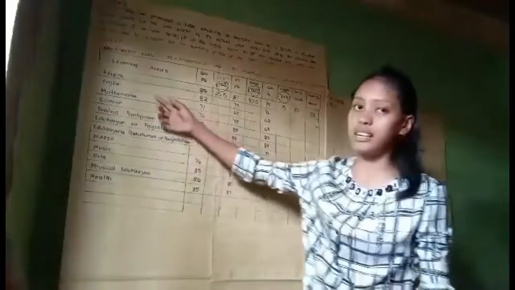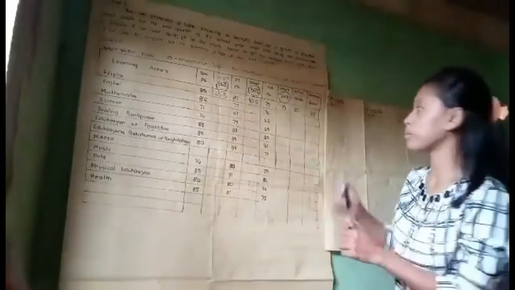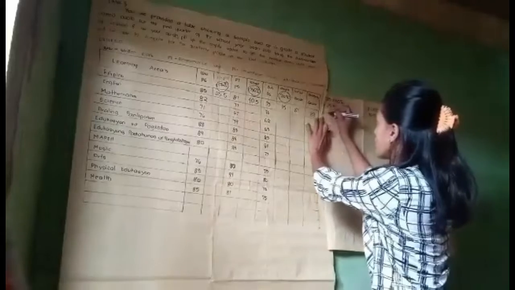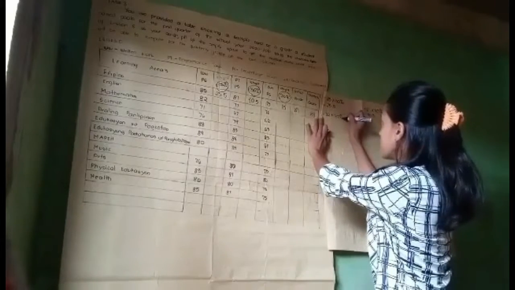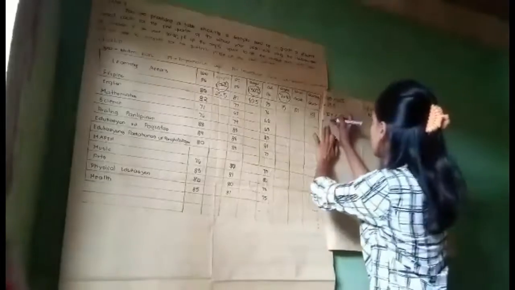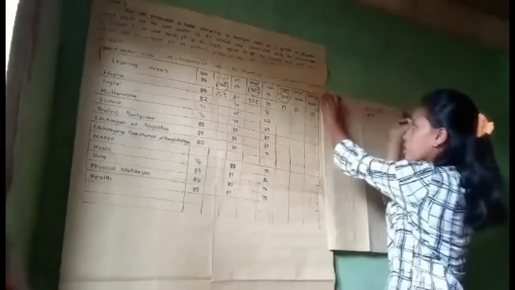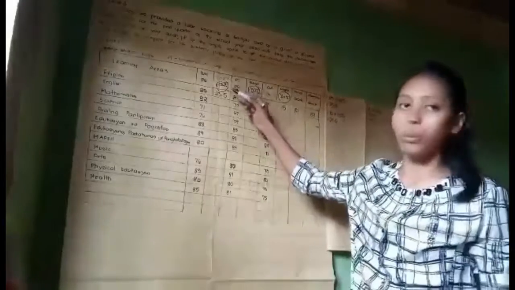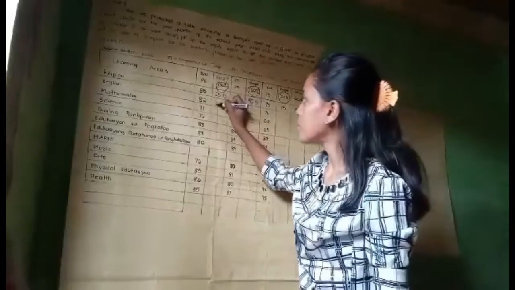Next is English. We will multiply 82 times 30%. 82 times 30% is equal to 24.6. So our weight of written work is 24.6.